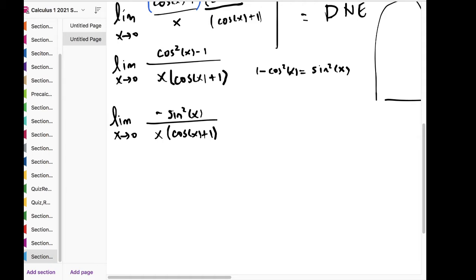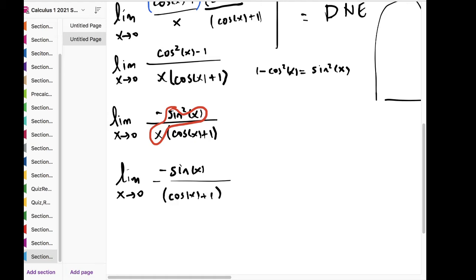Yes, we can use that nice identity again, the sine x over x identity. So that goes to 1. Then we get negative sine x over cosine x plus 1.